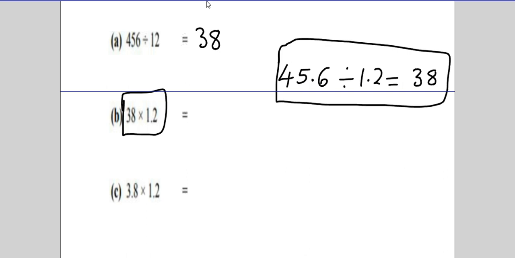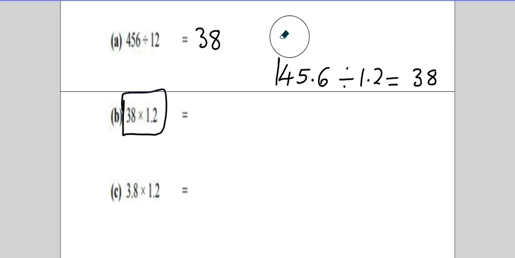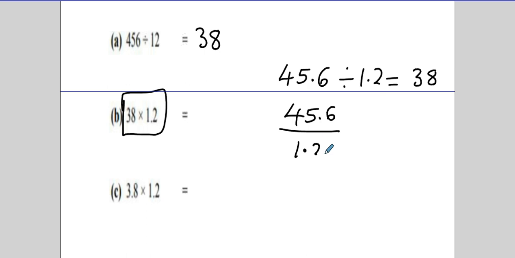Okay, so what we do, write this as a fraction. This will be 45.6 over 1.2, which equals 38.